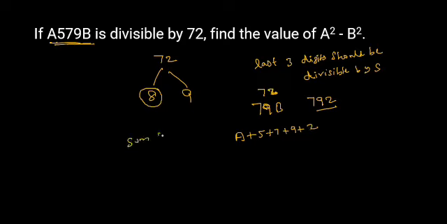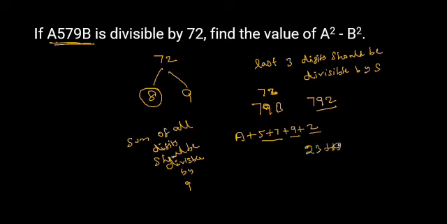The sum of all digits should be divisible by 9. When you sum it up, 5 plus 7 is 12. 12 plus 9 is 21. 21 plus 2 is 23. So 23 plus A. Now when I substitute the A value as 4, it will become 27. So 27 is exactly divisible by 9. So now you know that the A value is 4 and the B value is 2.